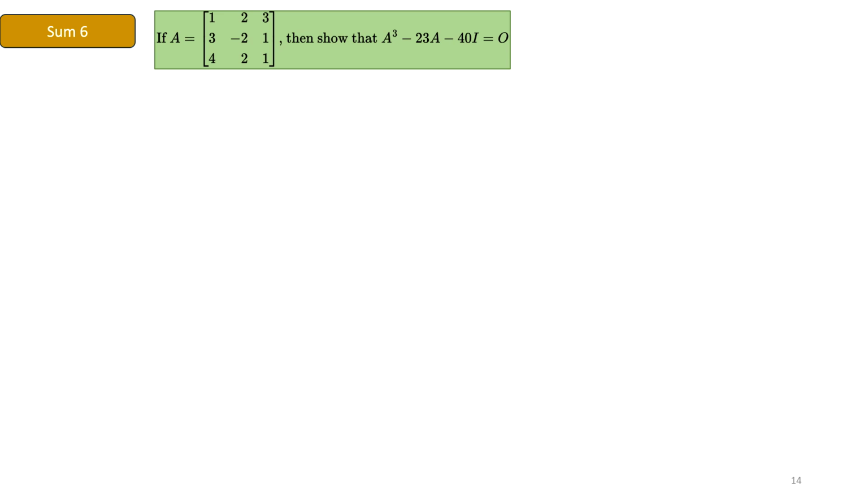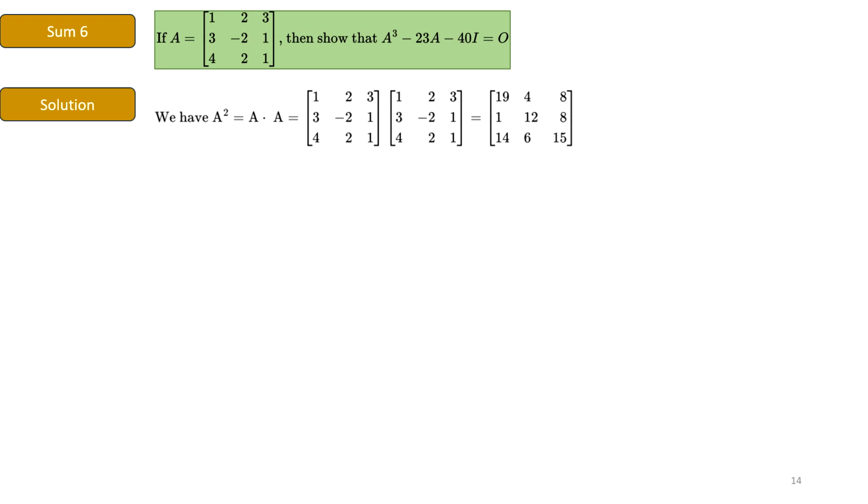Sum number 6. Given A is a square matrix of order 3 by 3, whose elements are mentioned in the problem statement, show that A cube minus 23A minus 40I is equal to 0. First, we compute A square. By multiplying matrix A with itself, we get another 3 by 3 matrix with values as shown.